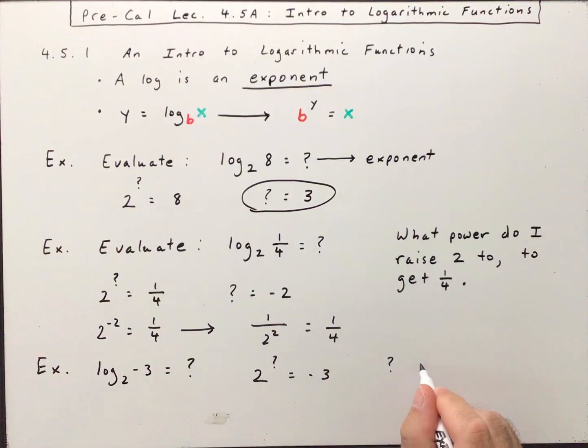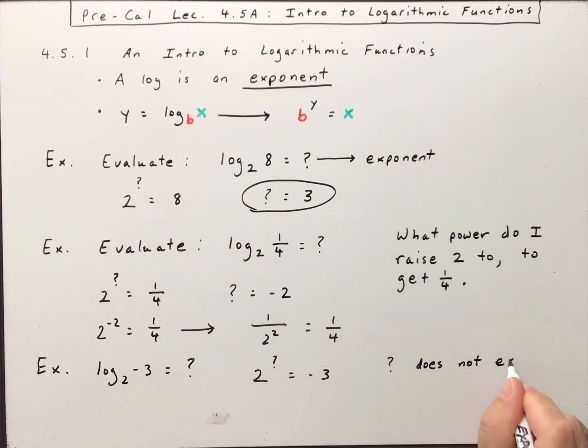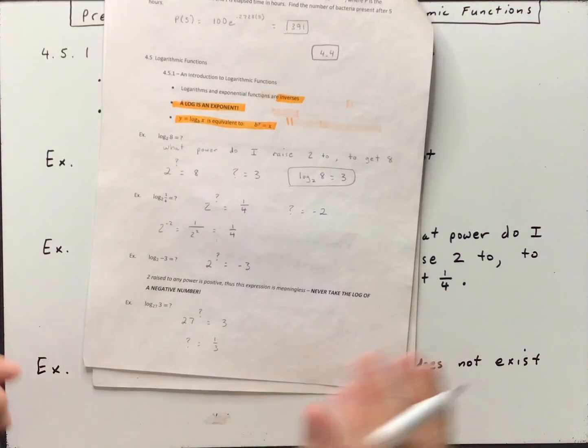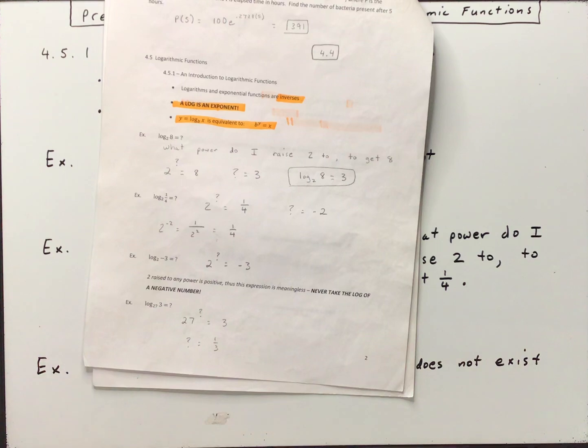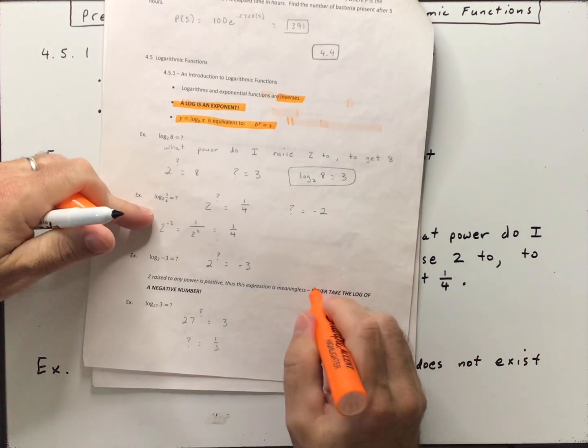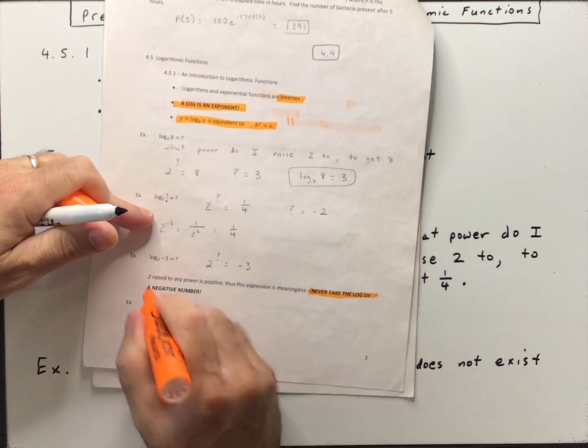Question mark does not exist. There is no exponent that you can raise 2 to get a negative number. That would always be positive. So you can never take the log of a negative number.